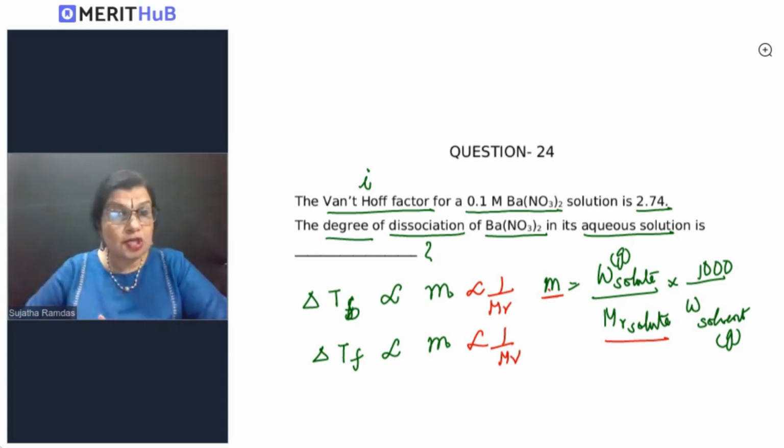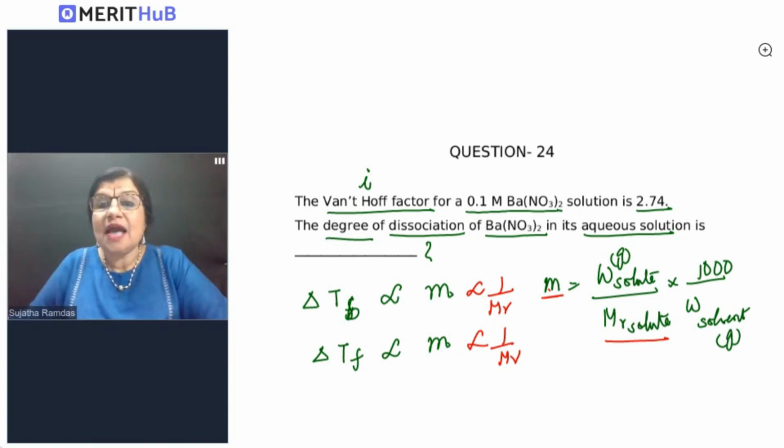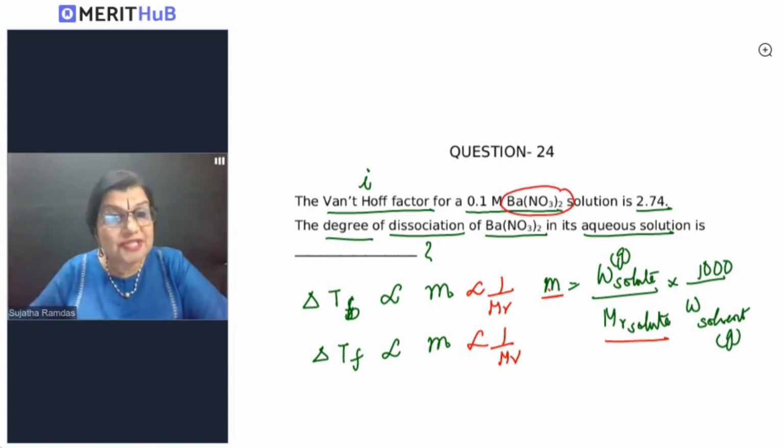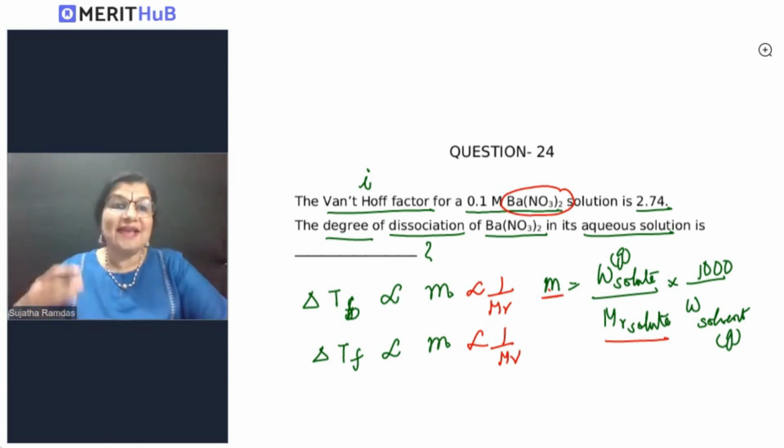Now, if the solute is an ionic compound, as you see in this question, ionic compounds will dissociate in solution. Ionic compounds normally are strong electrolytes and will dissociate completely. Sometimes they may dissociate to the extent of say 90% or 95%. The weak electrolytes will dissociate to a much lesser extent.